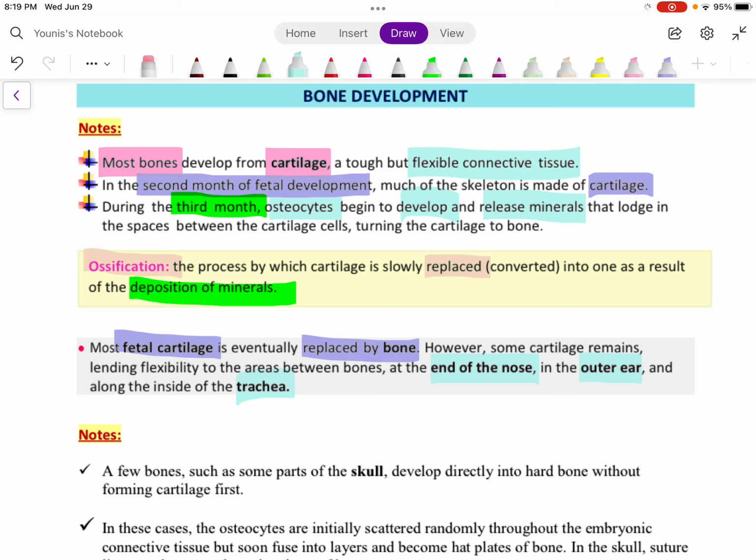As you have noticed, the ear is not a tough bone. It's a cartilage, the same as the nose. There's even cartilage located in the joints between two bones. So this is where the cartilage is found in an adult person. It's not necessary for all the bone to be developed from cartilage. Some of the cartilage will still remain in an adult person.